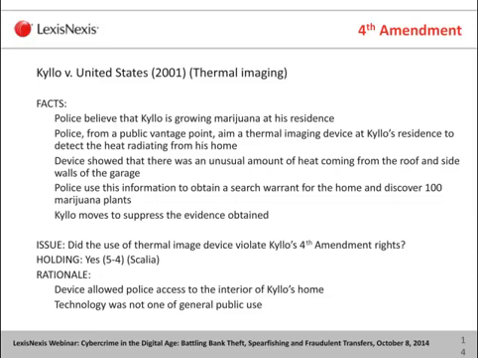The rationale was that this device allowed police access to the interior of Kyllo's home, and another big point was that this technology, in 2001 and I would say even today, was not one of general public use. That was the rationale the Supreme Court used to decide this case.